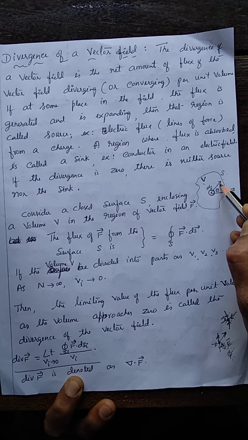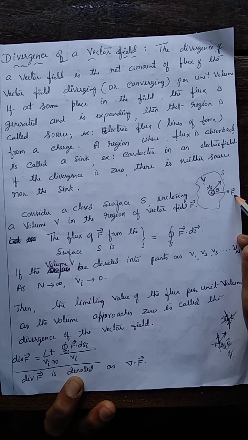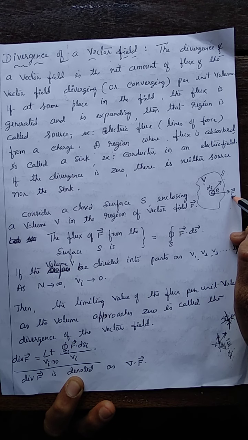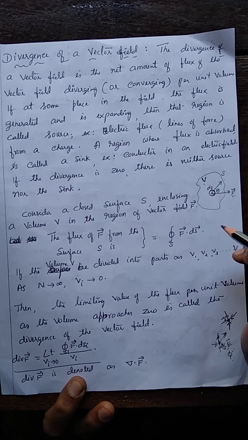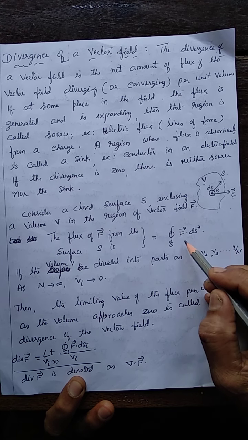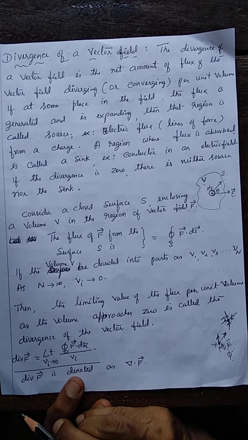Let the normal to the surface ds be along this direction, and let that normal make an angle theta with the field direction. Then the flux of the vector field from the region ds is given by the surface integral of F vector dot ds vector.